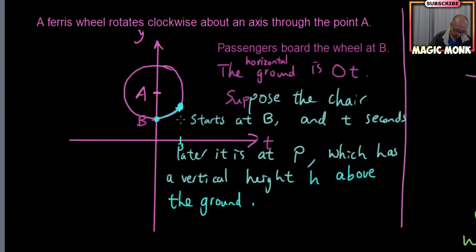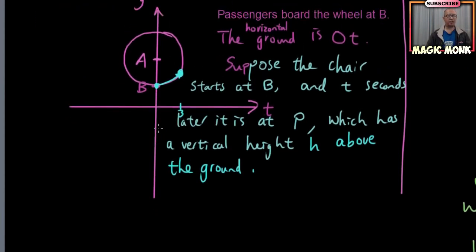What? So confused. This is probably a really bad question. Anyway, just getting it out of the textbook, so don't blame me for it. Vertical height h above the ground.